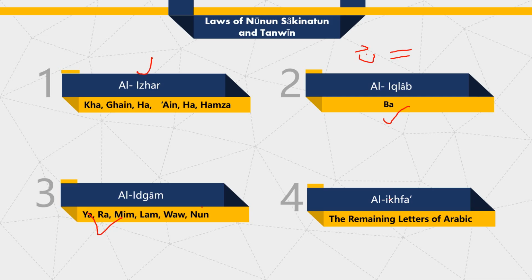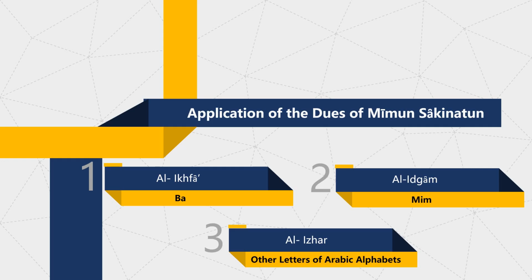Then ikhfa are just the remaining letters of the Arabic alphabet. Once you take away the letters of izhar, the letter of iqlab, and the letters of idgham, the rest are letters of ikhfa. I will show you when we get there how to apply them.